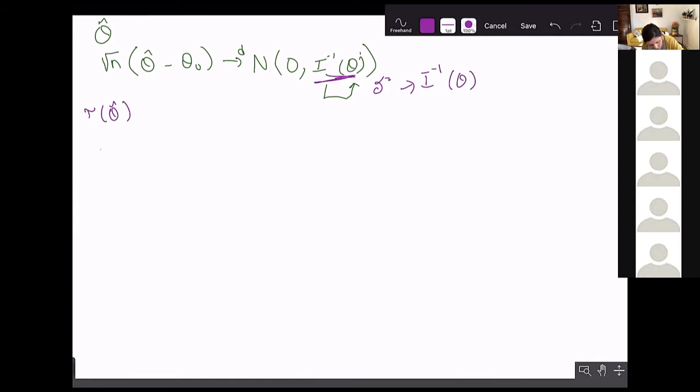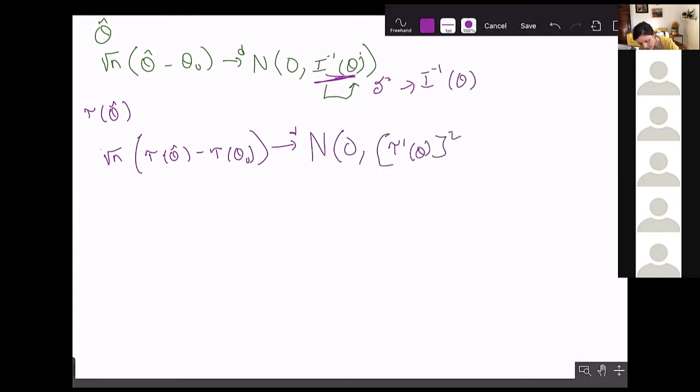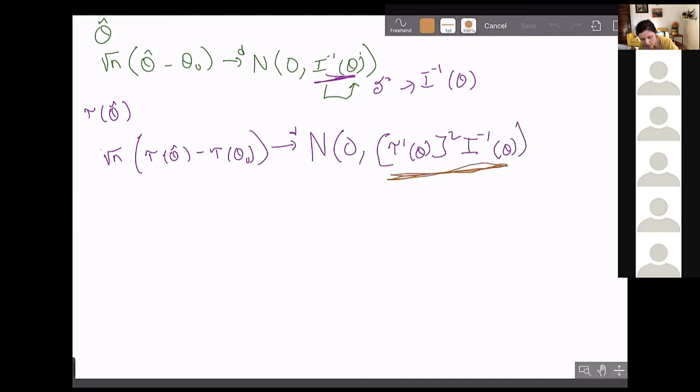And what the statement of that looks like is that the transformation of your original estimator still has an asymptotically normal distribution, and you can find what its variance is using this property of the delta method right here.